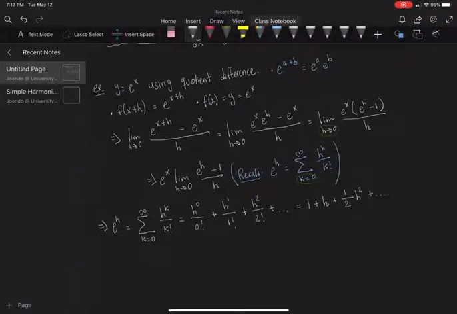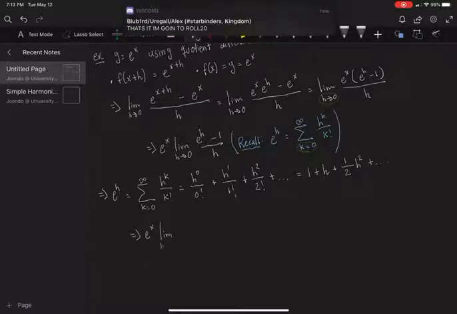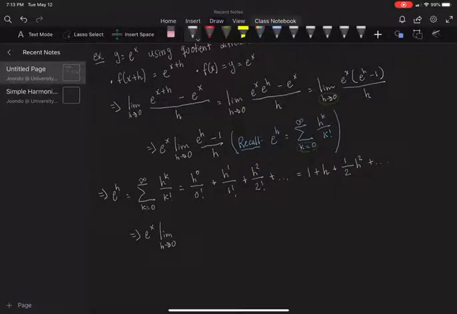So let us plug in this expansion into this function over here, e to the h. So let's expand this. We have e to the x times the limit as h tends to 0 of 1 plus h plus 1/2 h squared, minus 1, over h.